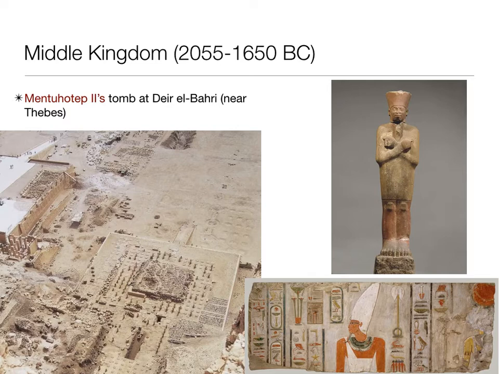A lot of the Middle Kingdom material you can see if you go to the websites. I'll try to circulate some museum websites where you can read about the individual artifacts, but the Met in New York and the Museum of Fine Arts in Boston have a lot of Middle Kingdom material.